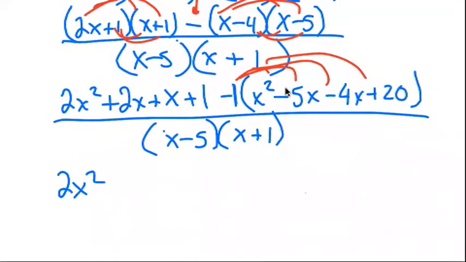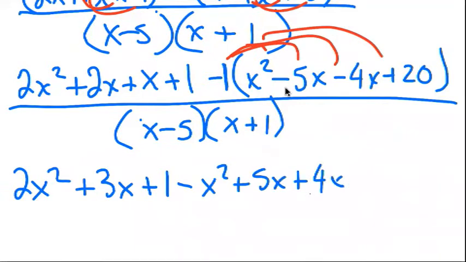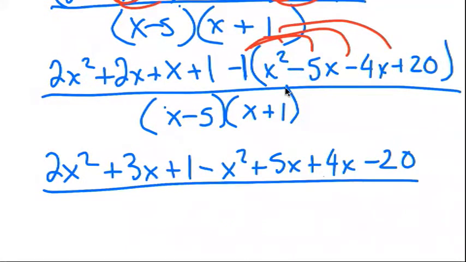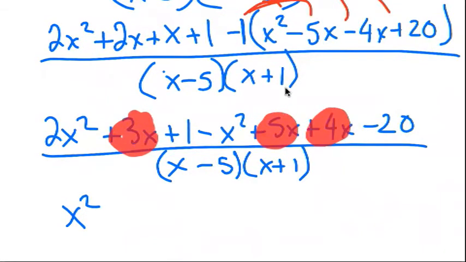2x squared. I'm going to simplify the 2x and the x over here. Plus 3x plus 1 minus x squared plus 5x plus 4x minus 20, all over x minus 5, x plus 1. 2x squared minus x squared is x squared. 3x plus 5x plus 4x is 12x.